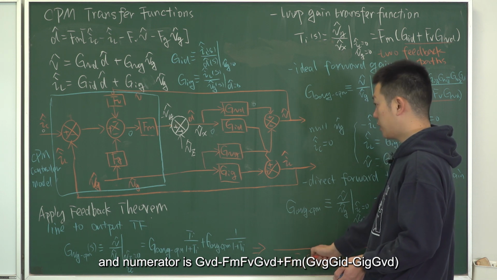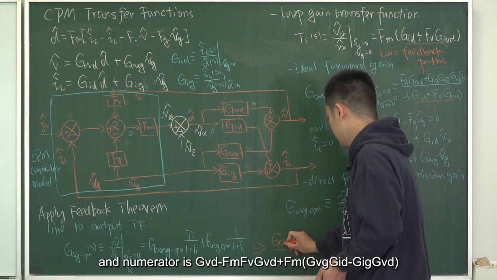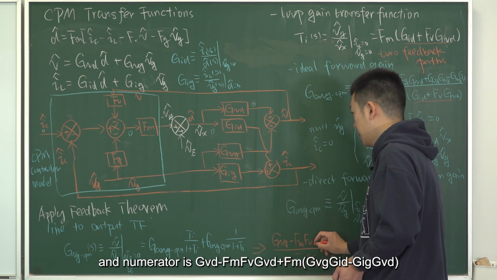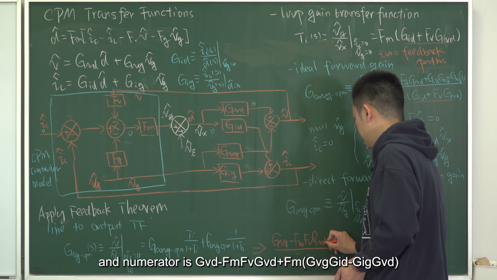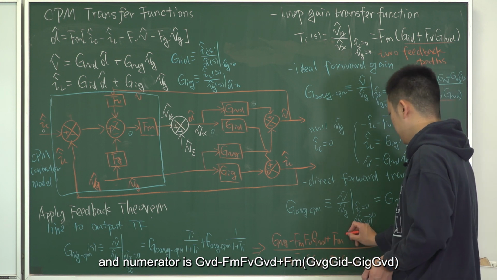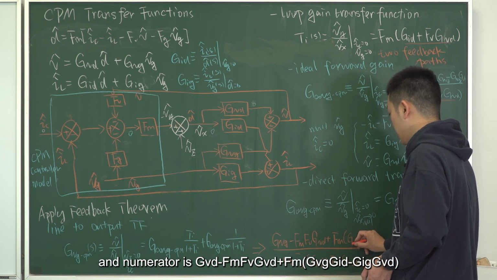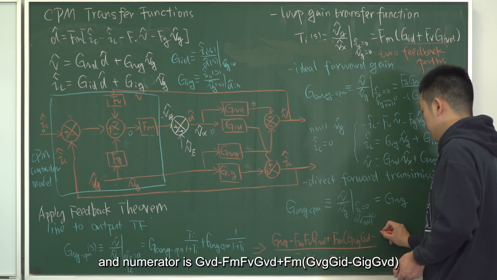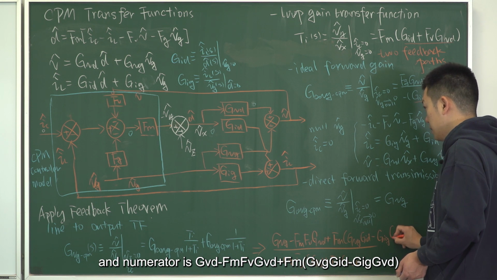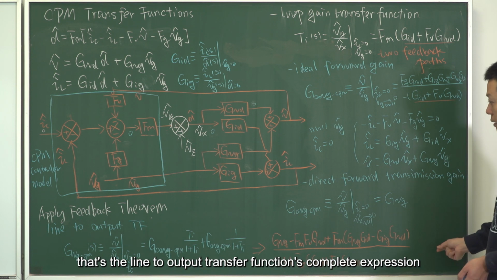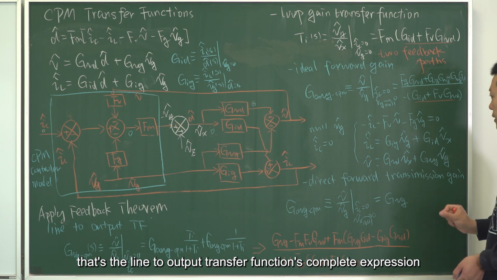And the numerator is GVG minus the product of Fm, Fv, and GVD, plus Fm times VG times GID minus GIG times GVD. That's the complete expression of the line to output transfer function.